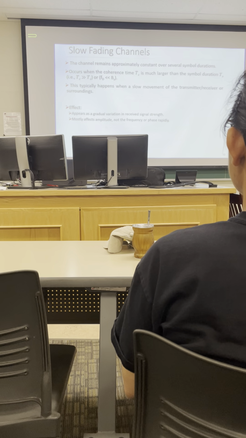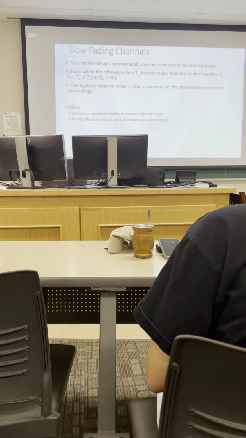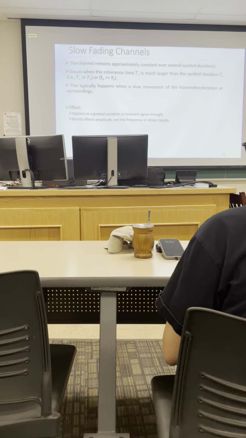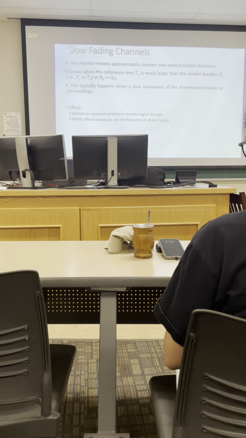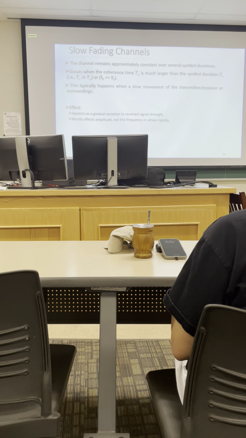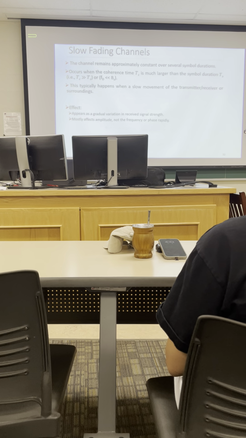But if every second you sleep and wake up and find something different, like when I was in Belgium 10 years ago, that was fast variation. When I go back to my home country for a vacation of 1 or 2 weeks, I find a new building, a new thing, so actually it was fast variation.